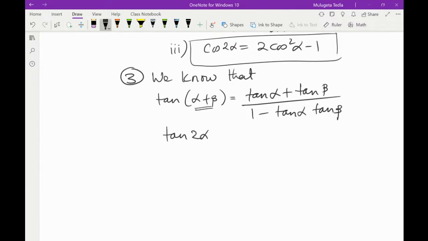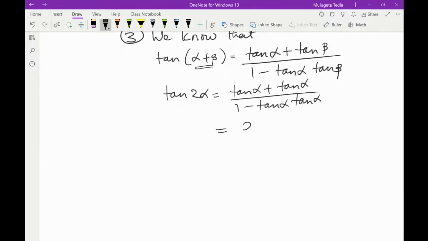Tan of 2 alpha, change everything to alpha: tan alpha plus tan alpha over 1 minus tan alpha times tan alpha. So this becomes 2 tan alpha over 1 minus tan squared of alpha, which is tan 2 alpha.